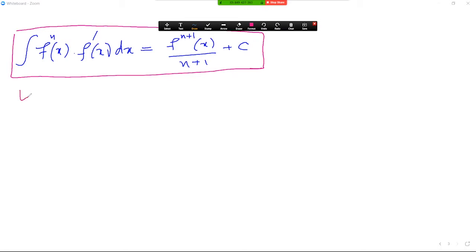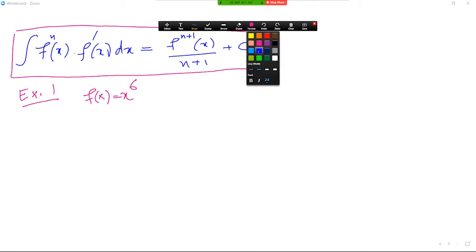Example one: let's say our function is f(x) is equal to x to the power 6. We have to find the antiderivative. Can you help me writing this anti-differential equation? Integration sign. What should I write here?